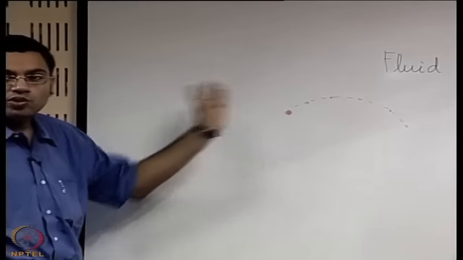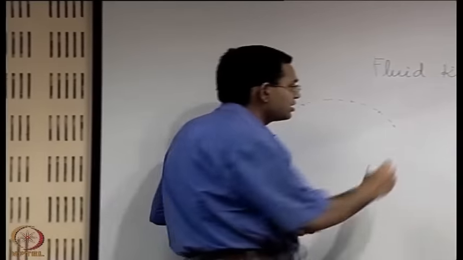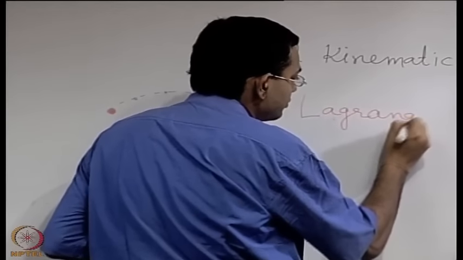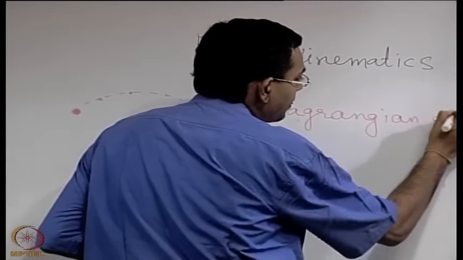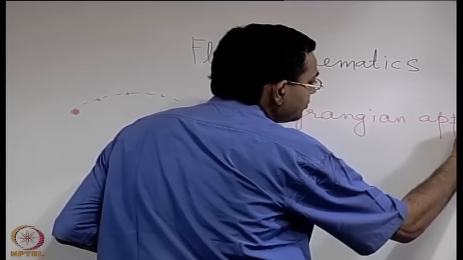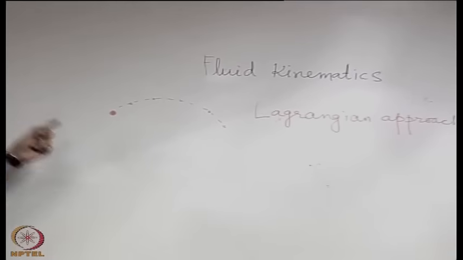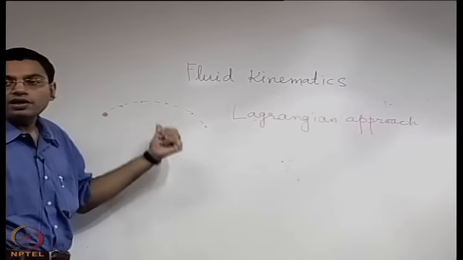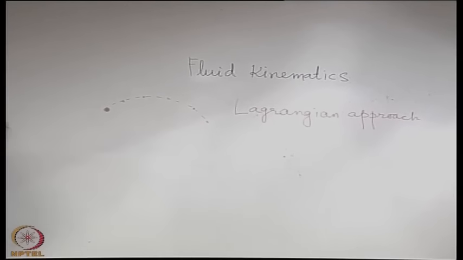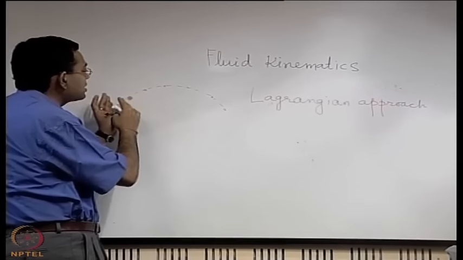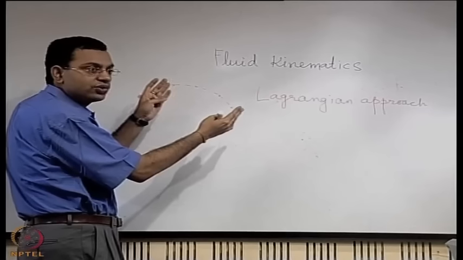This type of approach is known as the Lagrangian approach. So the Lagrangian approach is nothing but tracking of individual particles. You identify particles, tag them, and track them as they evolve.